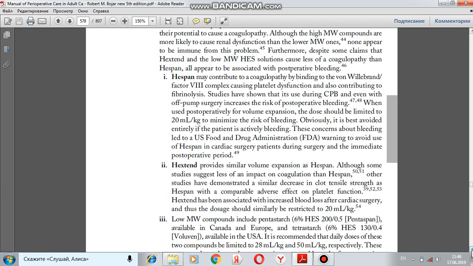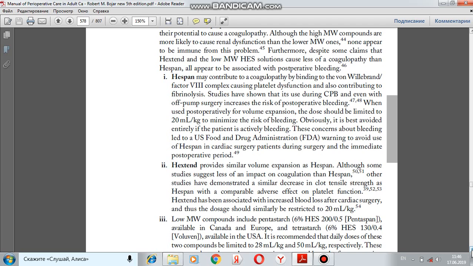Obviously, it is best avoided entirely if the patient is actively bleeding. These concerns about bleeding led to a United States Food and Drug Administration warning to avoid use of Hespan in cardiac surgery patients during surgery and the immediate postoperative period.